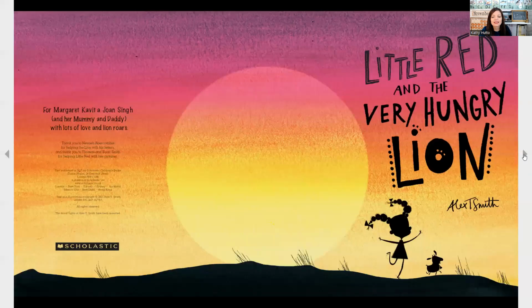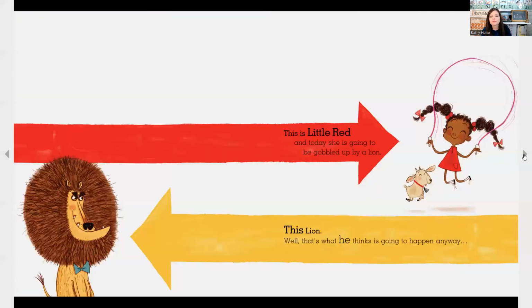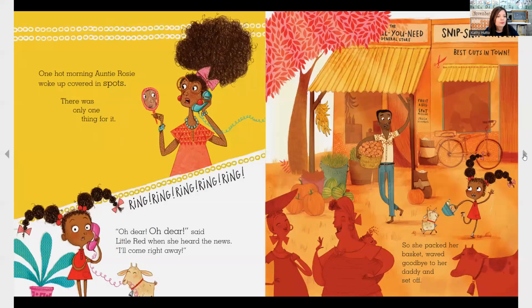This is Little Red, and today she is going to be gobbled up by a lion. This lion. Well, that's what he thinks is going to happen anyway. One hot morning, Auntie Rosie woke up covered in spots. There was only one thing for it. Ring, ring, ring, ring, ring. Oh dear, said Little Red when she heard the news.